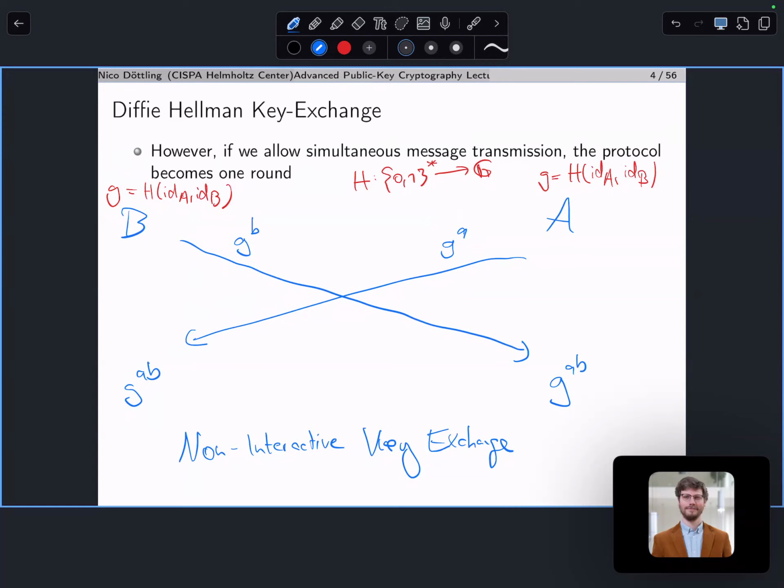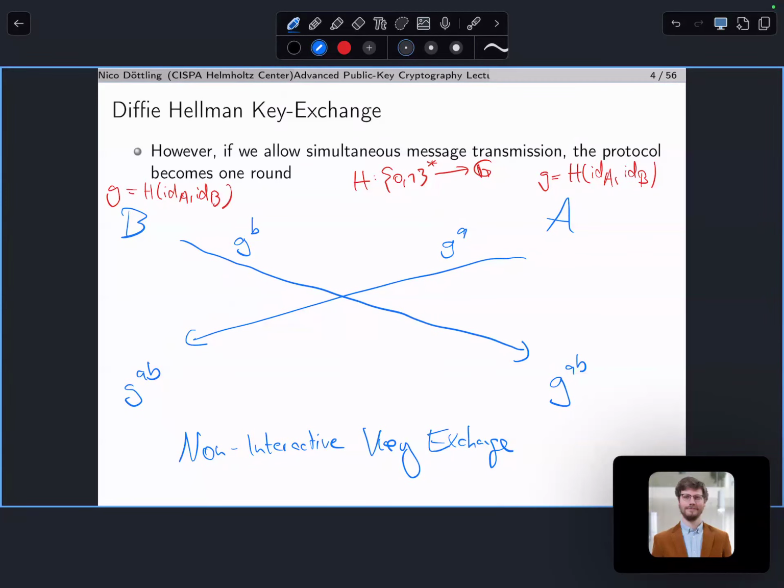We just exchange these messages, and then both Alice and Bob can derive this joint key g to the a times b. And this is even possible if Alice and Bob have, say, never met before, right? They can just non-interactively agree on a generator G by hashing their two identities.